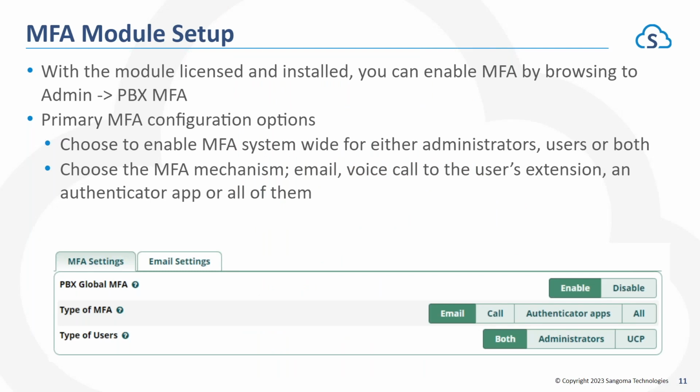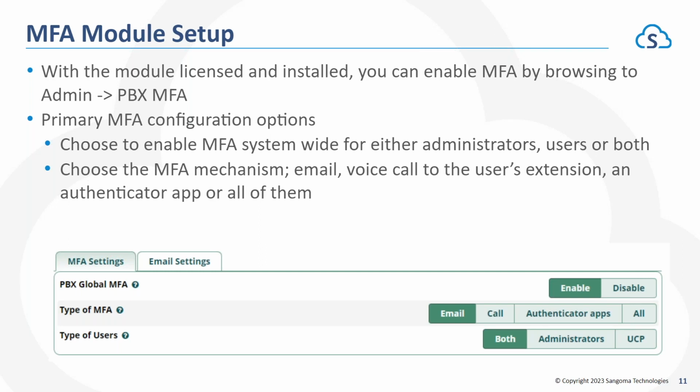So we now have the module licensed, we have the module installed. It's a matter of browsing to admin PBX MFA, and you will see a few buttons there. You can click the Enable button, and there's a few simple options there as far as how you want your users to be challenged for an MFA token.